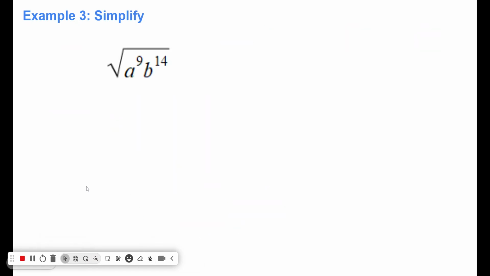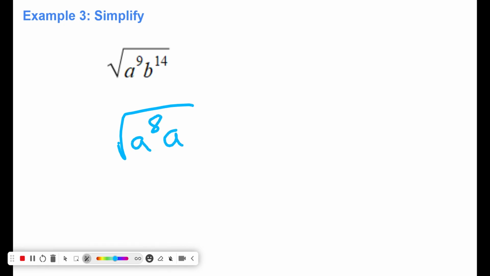Example 3. Here we have two variables. We have a to the power of 9 and b to the 14th power. I see an even number with b, and that's great news. A to the 9th power, well, I'm not going to be able to cut that in half, but I do know that a to the 8th power times a times b to the 14th power, I'm going to be able to simplify those.